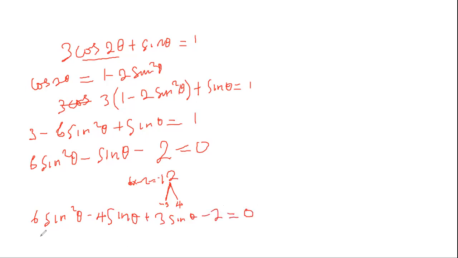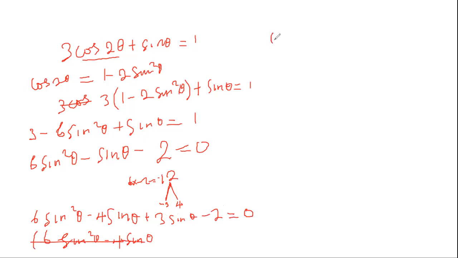So when we get here, we can group. So 6 sine squared theta minus 4 sine theta, I think this grouping will not work. So group 6 and 3.